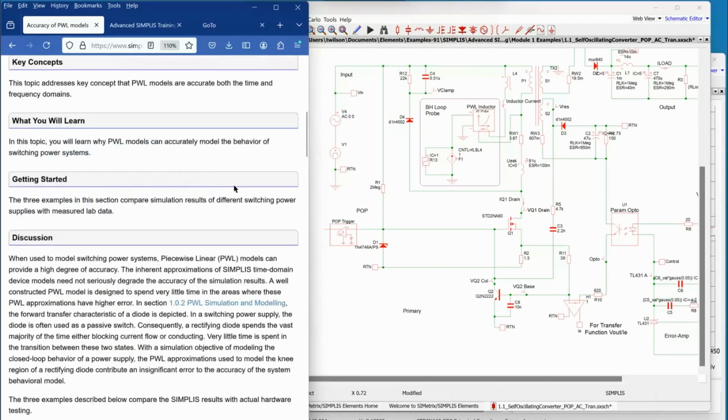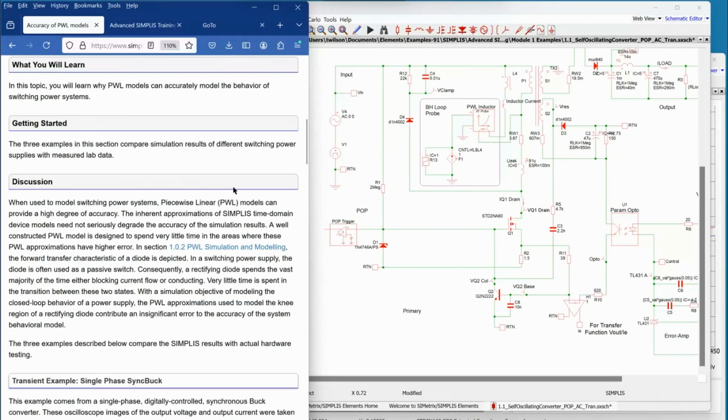With the multi-level modeling, we said depending on your simulation objectives, you want to pick the appropriate level of modeling for your critical components so that you achieve your desired accuracy. If there's an art to SIMPLIS, that's one of the key arts, and you can do it in a very systematic fashion.